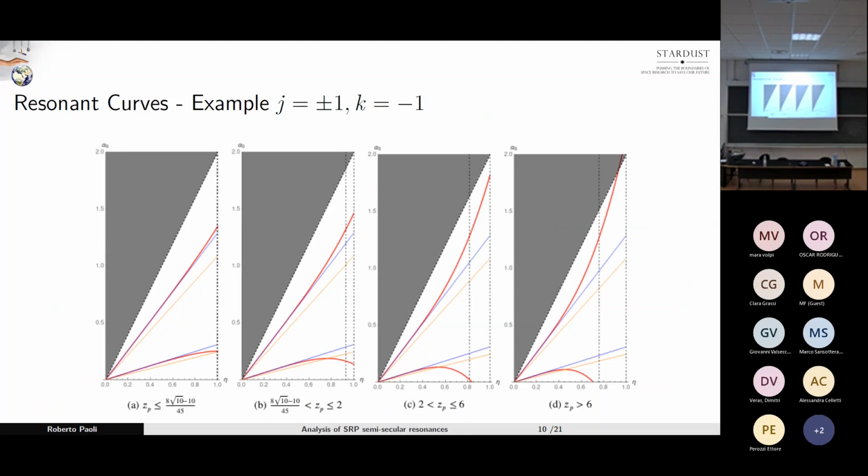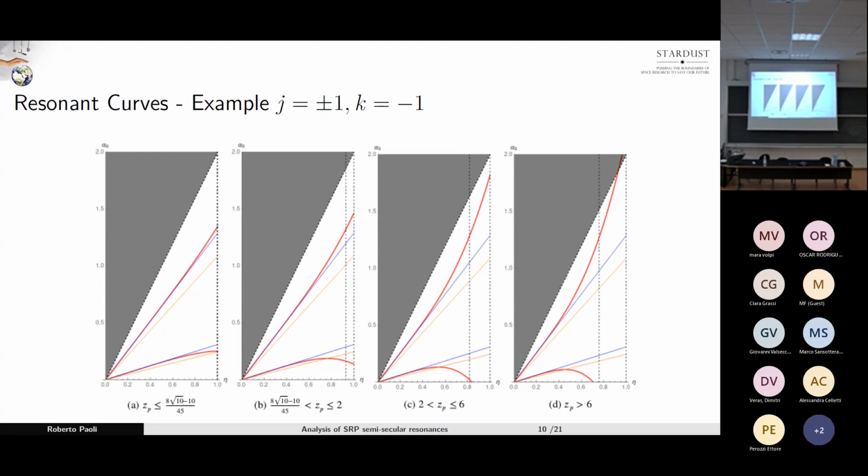By simply plotting resonant curves for different values of ZP, we can appreciate how the location of the equilibrium qualitatively changes with variation of the semi-major axis. Going from left to right, the semi-major axis is increasing. The blue and orange curves correspond to regions where this approximation is not valid.